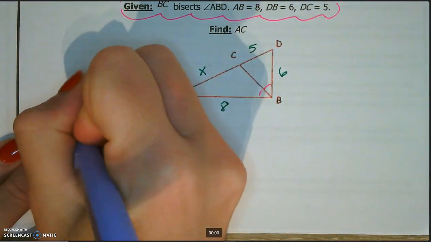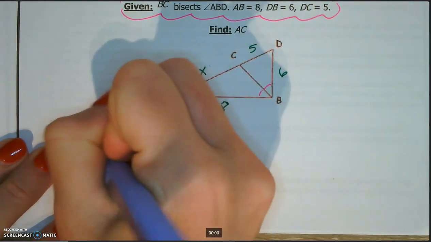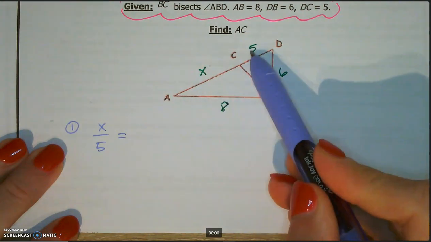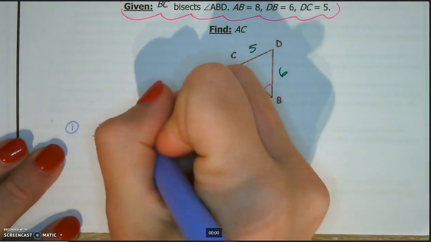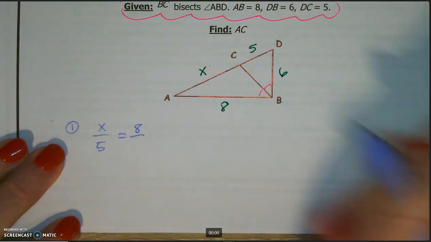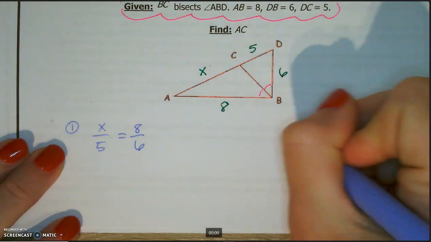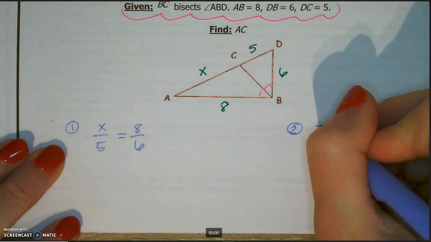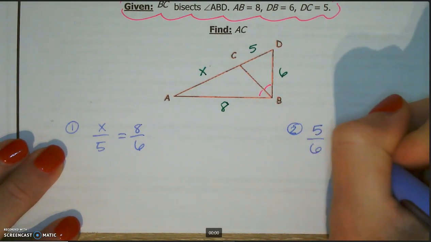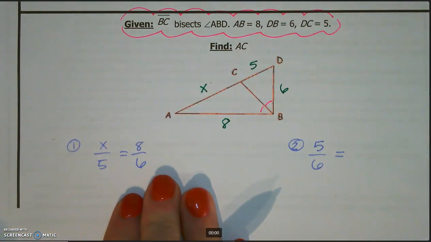Let's do maybe x over 5. If I did x over 5, what has to be the order of the other two? Eight over 6. Let's try one other example. If I did 5 over 6, take a guess as to what the next one would have to be.